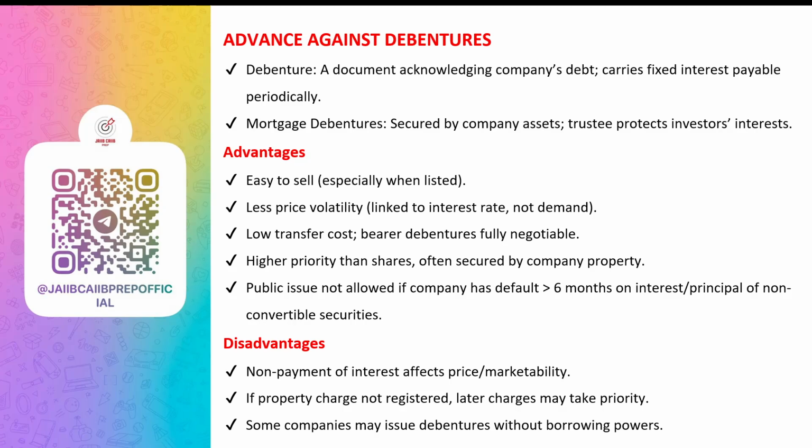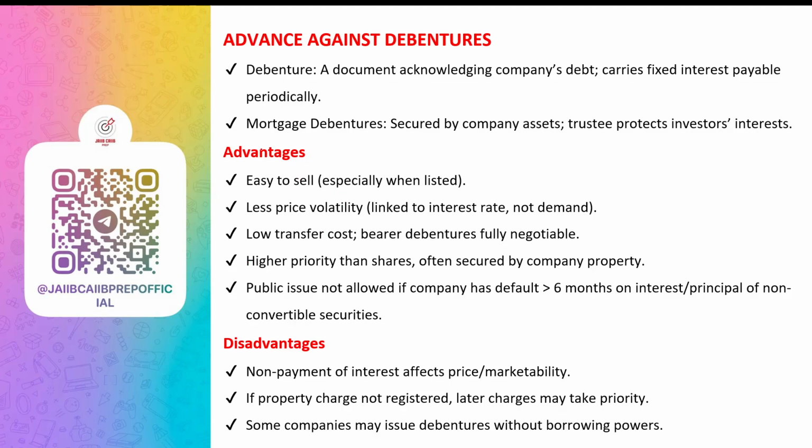Advances against debentures. So, a debenture is a written acknowledgement issued by a company stating its indebtedness to the holder. It is a form of long term debt instrument that carries a fixed rate of interest which is payable periodically. Debentures may be either secured or unsecured, and then mortgage debentures.